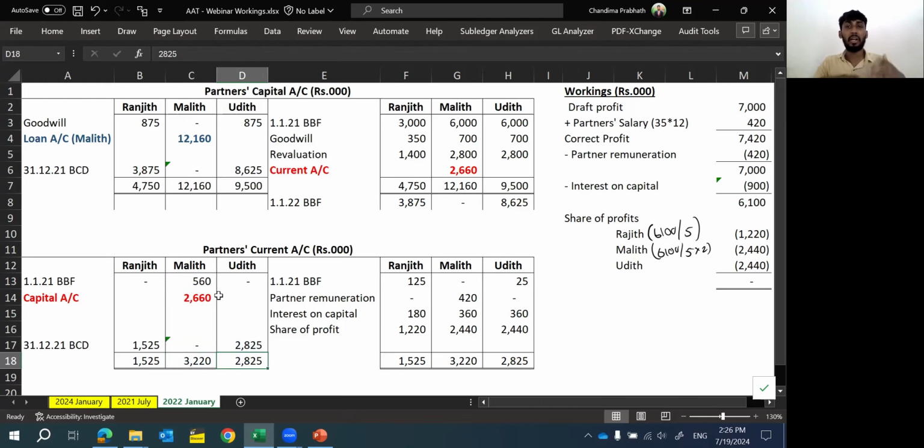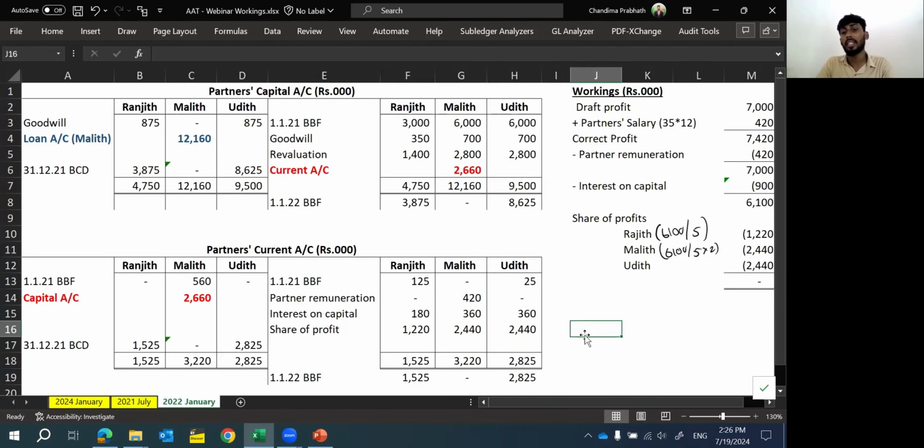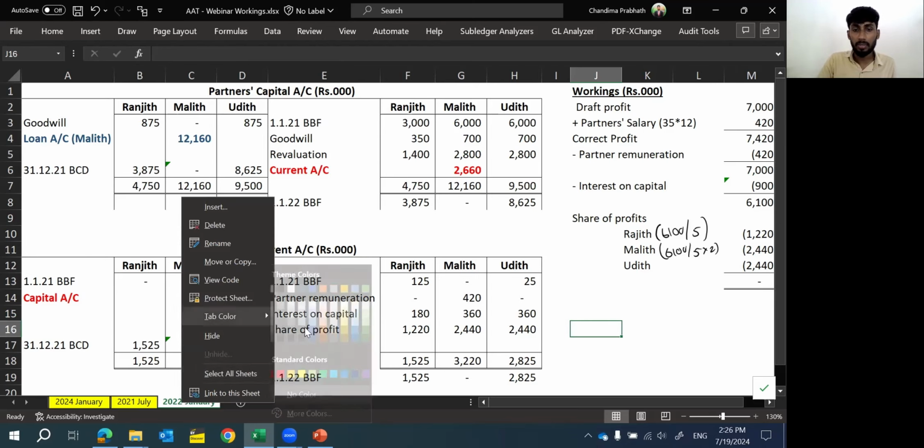Why? He is retired now. Nothing to carry forward. He is out of the business. With regard to the current accounts, the opening balances for the next year will be the same as the closing of the current year. Now, my dear students, it's very easy if you follow the method that I taught you. So we did a question on that also. Done.